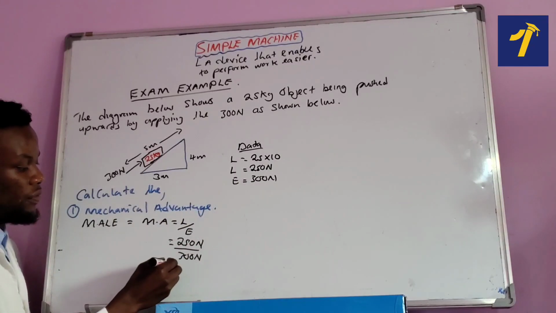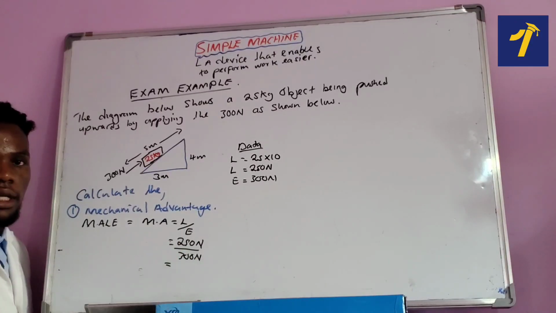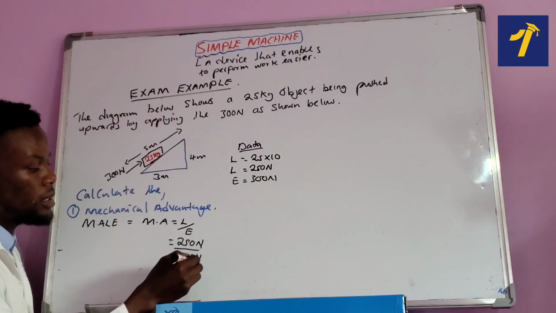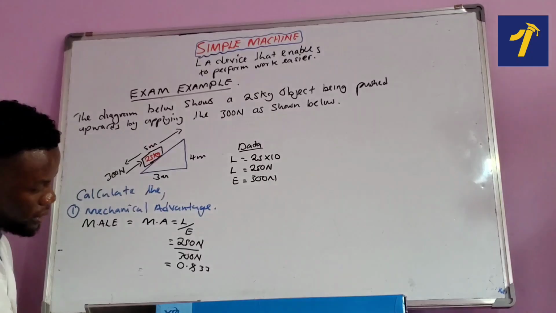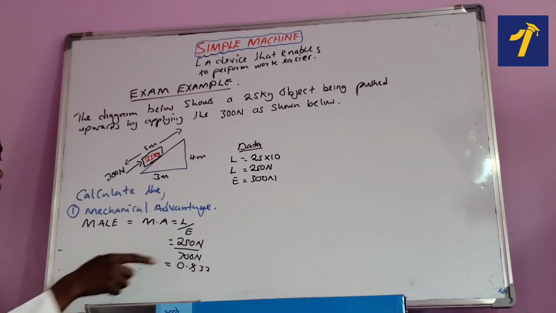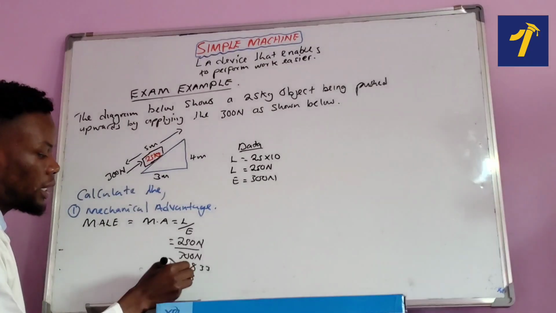Okay. Then if you divide this one, 250 over 300, we are going to use a calculator here. So I'm going to find out that I'm going to have 0.83333. So this is the mechanical advantage that they need. So simply round off to the nearest one decimal place so that you can have 0.8.